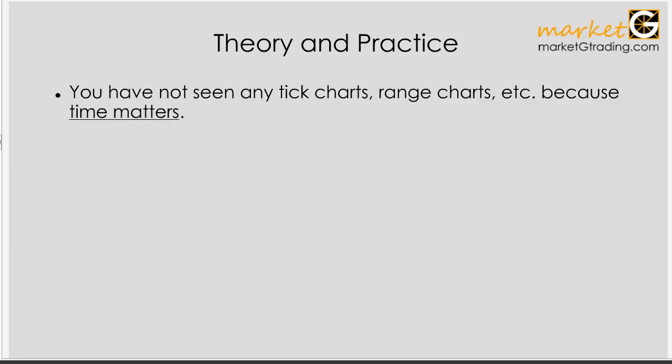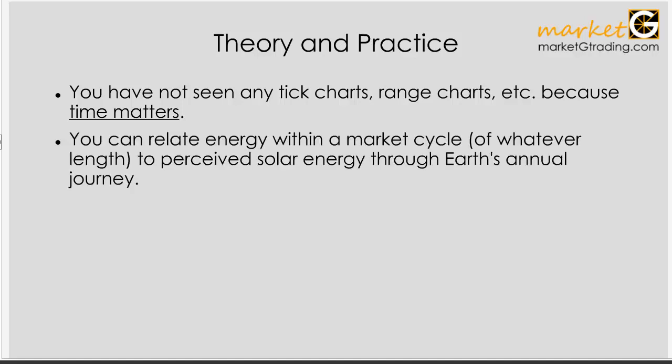One thing you have not seen here is any tick charts, range charts, or anything like that, because time matters. You can relate energy within a market cycle, and by cycle here I mean a G Square Pro cycle, to perceived solar energy through the Earth's annual journey.